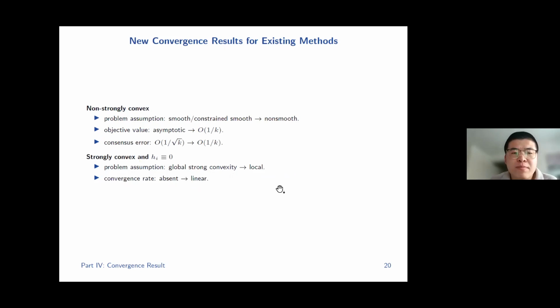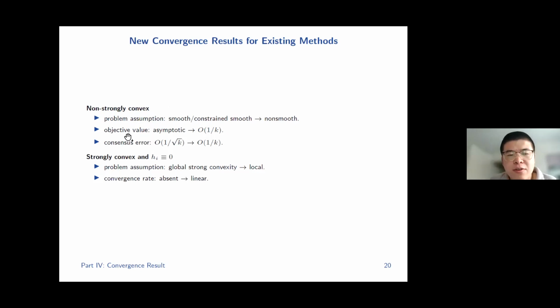Our convergence results provide new convergence results for many existing algorithms. In the case where each local objective function is not locally restricted strongly convex with respect to the optimal solution, our result relaxes problem assumptions of some algorithms from smooth or constrained smooth to non-smooth, and also improves convergence of objective error and consensus error for some algorithms.